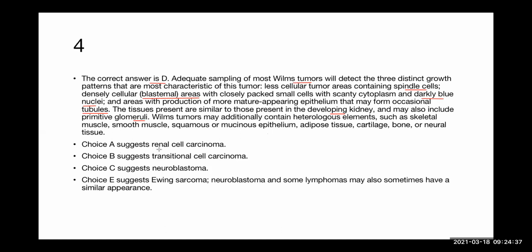Now, choice A suggests renal cell carcinoma, choice B suggests transitional cell carcinoma, choice C suggests neuroblastoma, and choice E suggests Ewing sarcoma or neuroblastoma or even non-Hodgkin's lymphoma. So you have to prepare for this type of case also. Sometimes questions are asked like this. Let's move on.